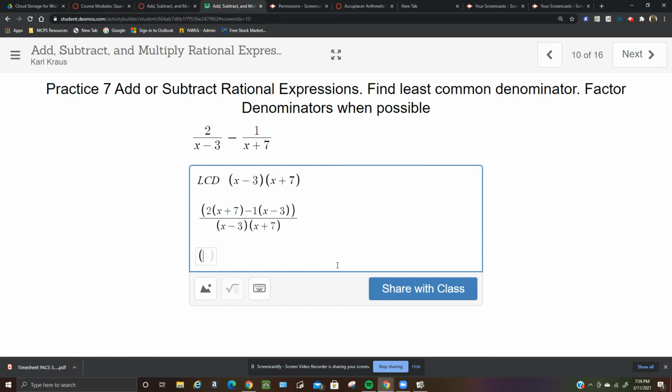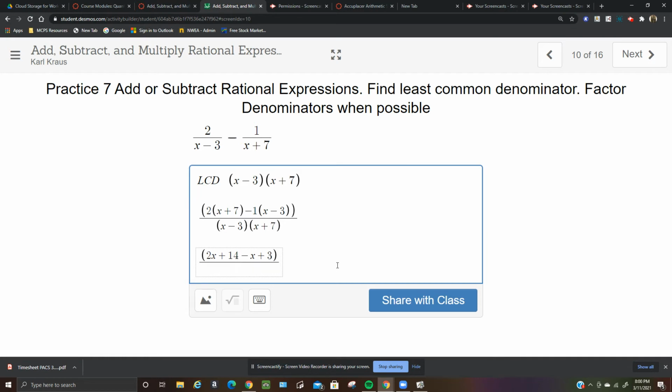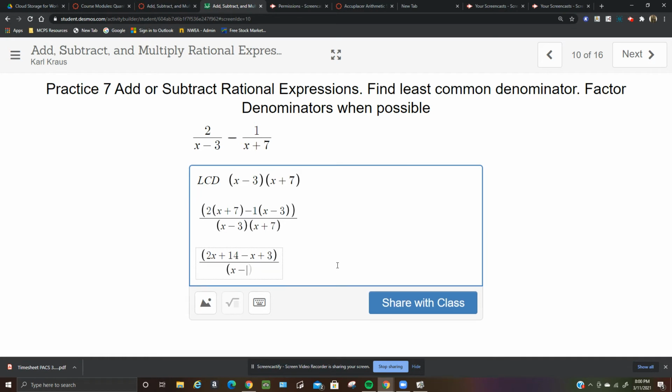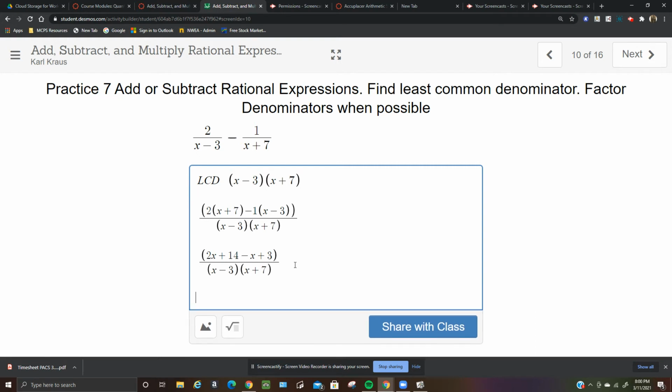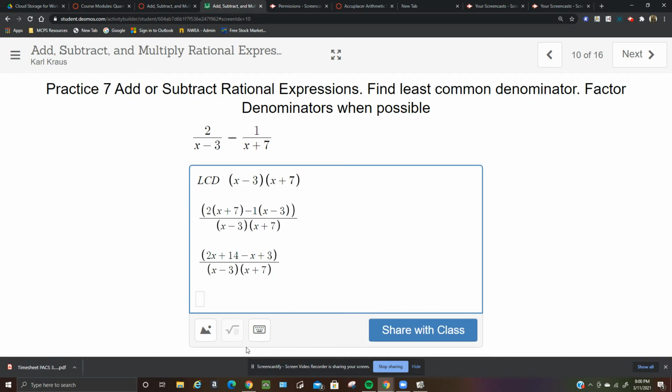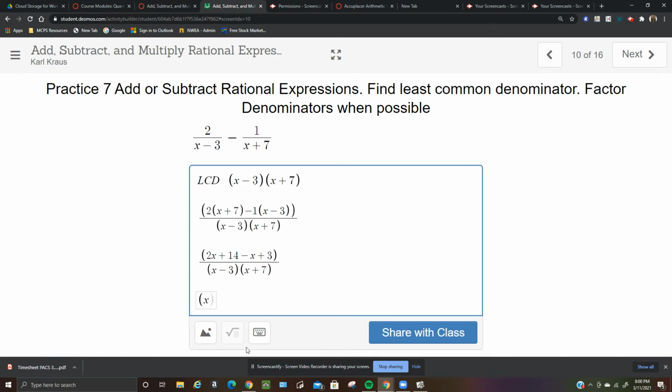And then with the distributive property, 3x plus 14 minus x plus 3. Combine like terms: x plus 17.